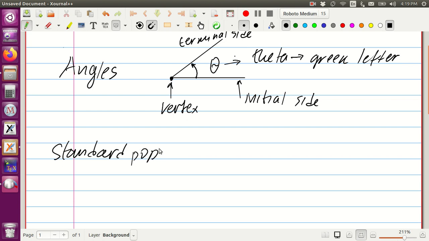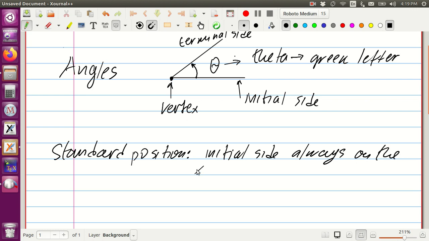The standard position for the angle would be: you always put the initial side on the x-axis.